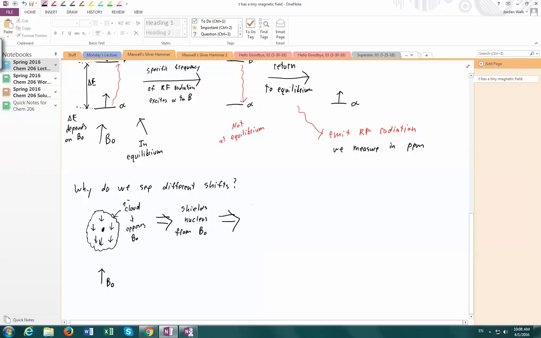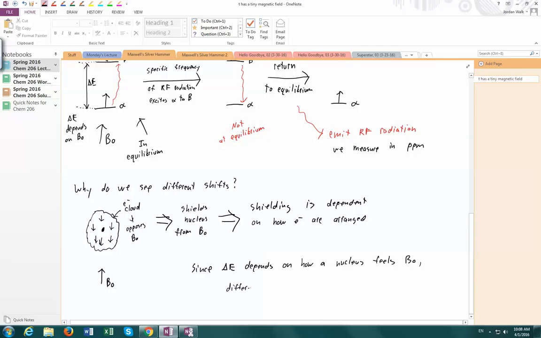So ultimately, we see that shielding is dependent on how the electrons are arranged. And so finally, since delta E depends on how a nucleus feels B naught, what we'll find is that different nuclei have different delta E's.